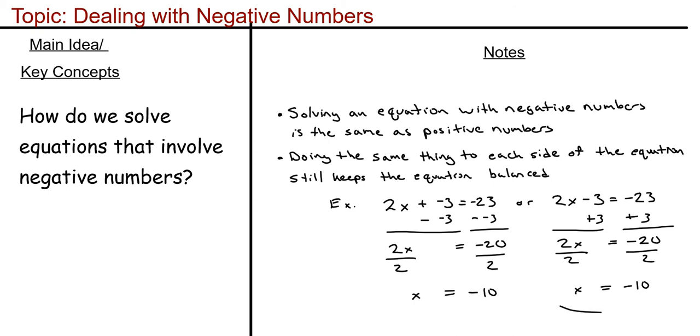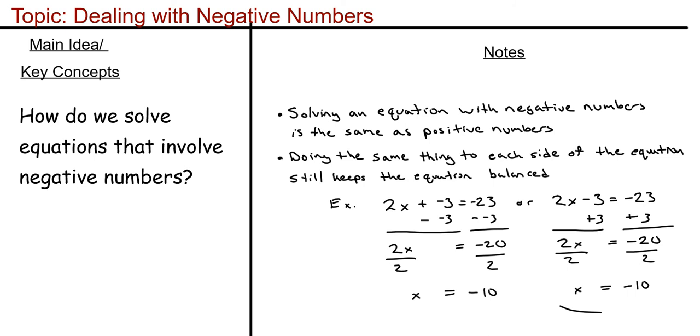to find our solution. Now, one thing you want to remember when you're dealing with negative numbers, you have to remember your rules of multiplication or addition and subtraction or division. When you deal with negative numbers, you have to remember a negative times a negative is a positive. If the signs are different, it's negative with multiplication and division.